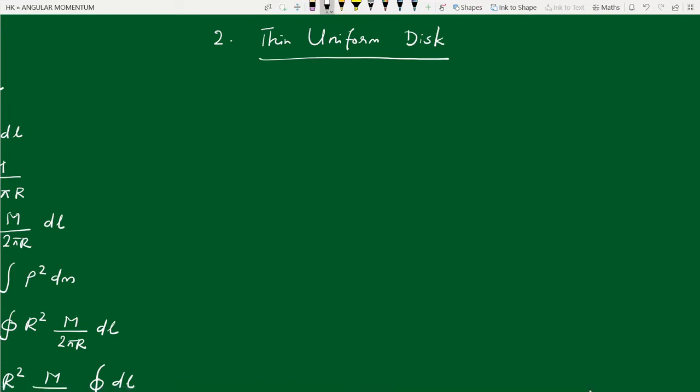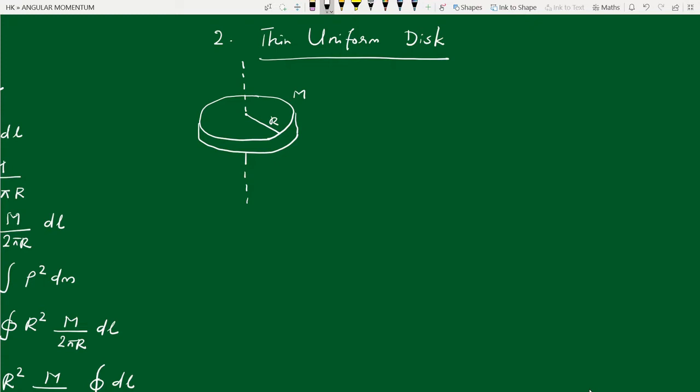So we have a disk. Let's say its radius is capital R, mass is capital M. We want to calculate the moment of inertia of this disk about the axis of symmetry. Axis of symmetry means, again, just as in the case of the ring, a perpendicular axis passing through its center.